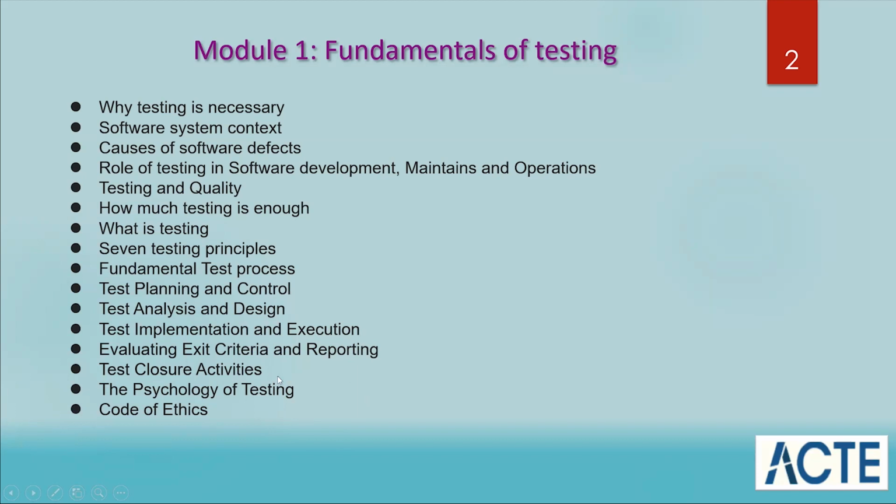What is the psychology of testing and what are the code of ethics that you need to follow in a corporate environment? Some topics we will cover before they are mentioned, like exit criteria, which we will cover in how much testing is enough. And what is testing, we will cover here in the first go.